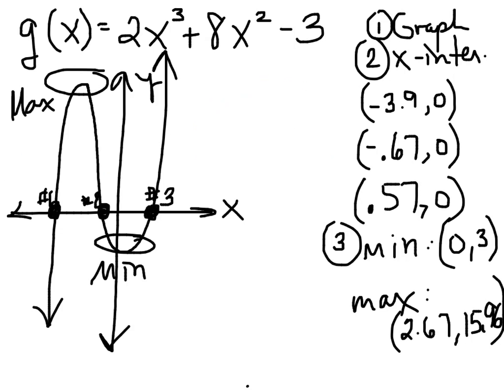Okay, now, to remind you guys about how to do intervals in which it's increasing or decreasing. Right now, you're going to ride the roller coaster. What's the roller coaster doing right now? Increasing, it's going up. So this will be step 4 now.